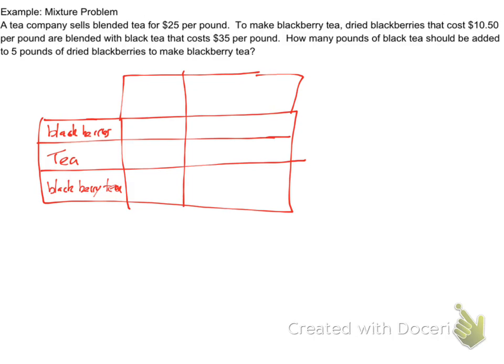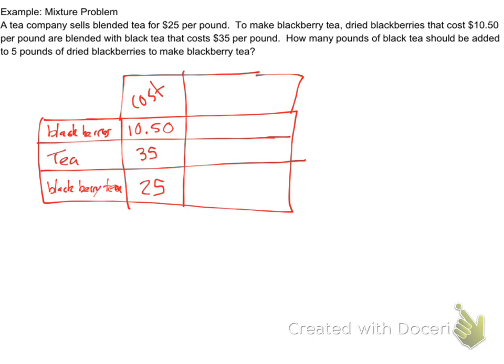The first box, let's put cost. How much does it cost for blackberries? Start filling it in. What's it cost for the blackberries? $10.50. How much is it for the tea? $35. And black tea is $25. Is everybody okay with that?